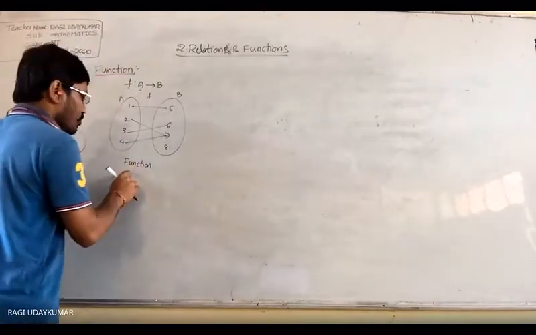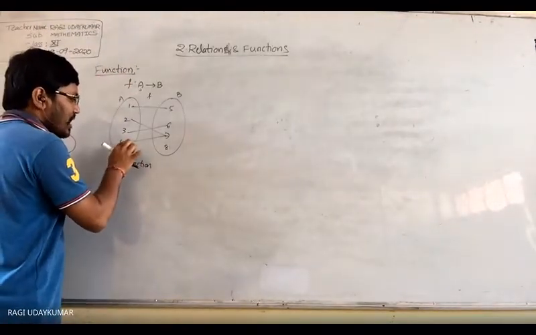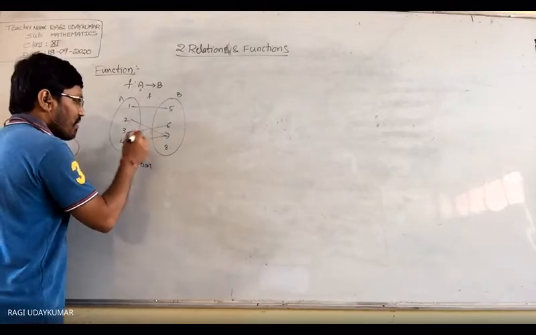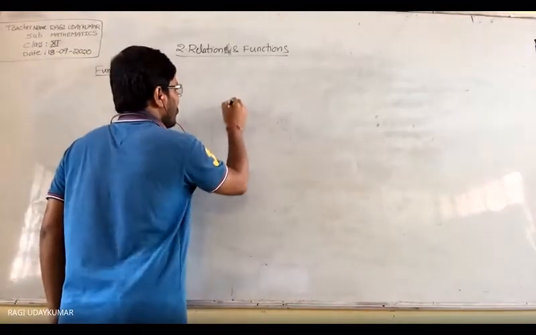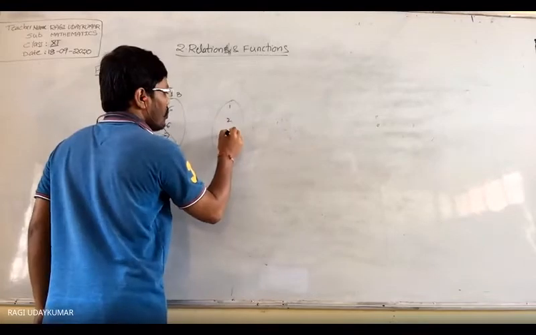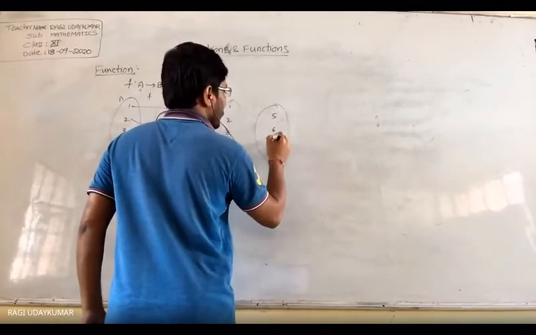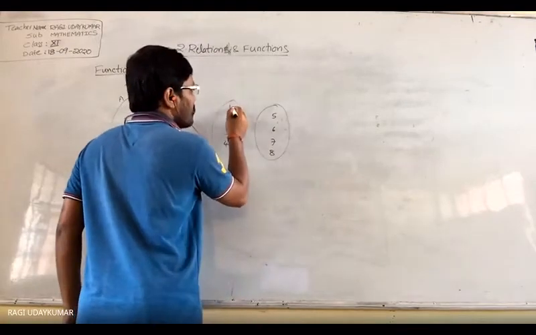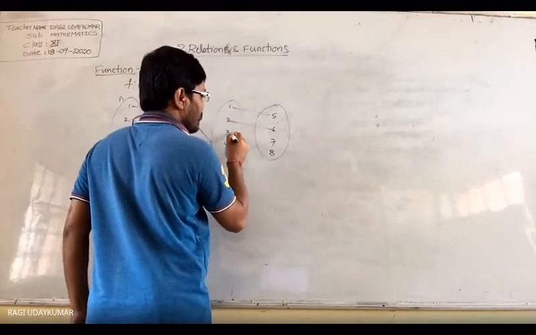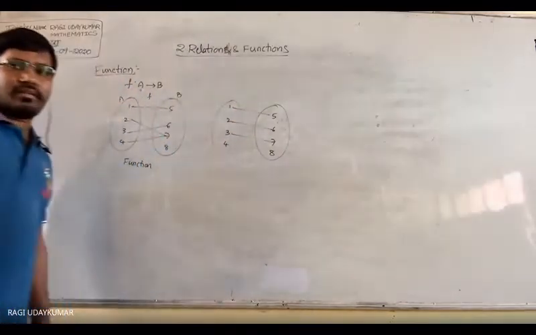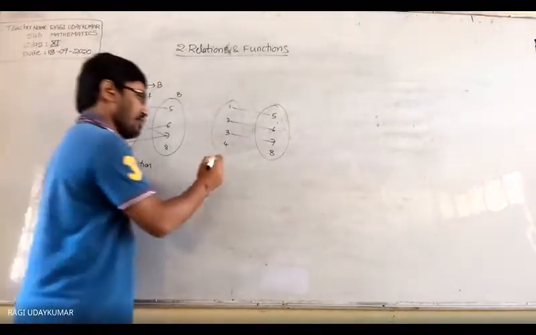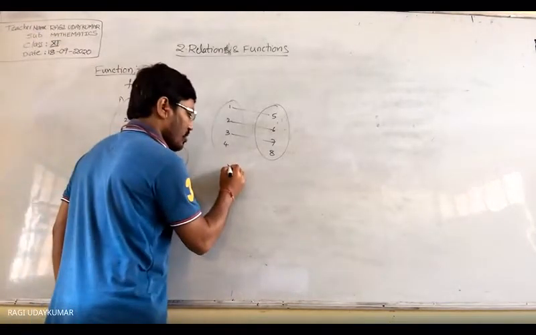Now coming to this one, suppose I have given another relation here with 1, 2, 3, 4 and here 5, 6, 7 and 8. Suppose it is given to you like this, then it is not a function.